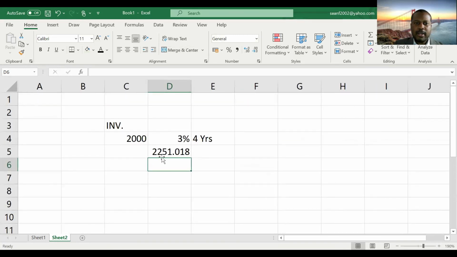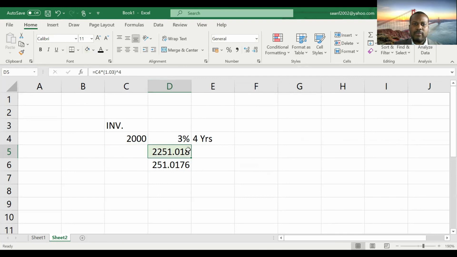Let's see. So technically, if we were to find a difference, this minus this, we basically would have a return of 251. Okay, but this is the key figure that we should have overall.